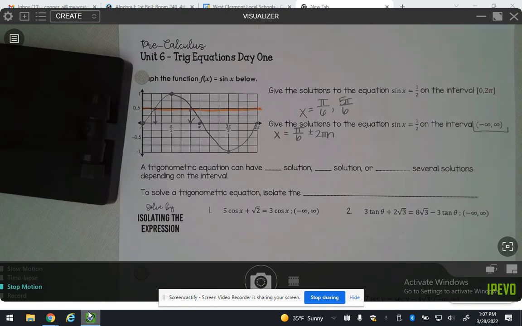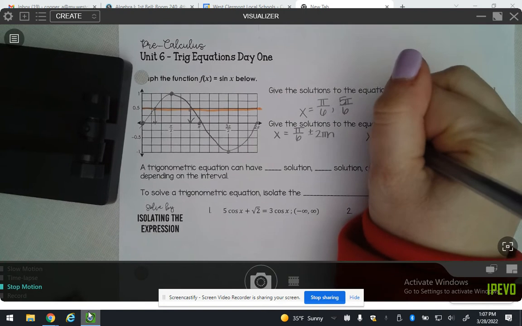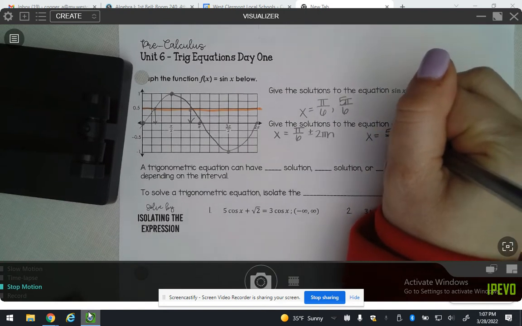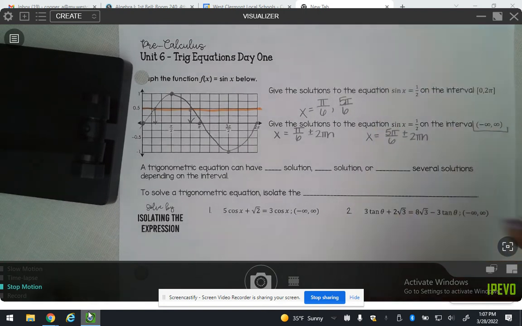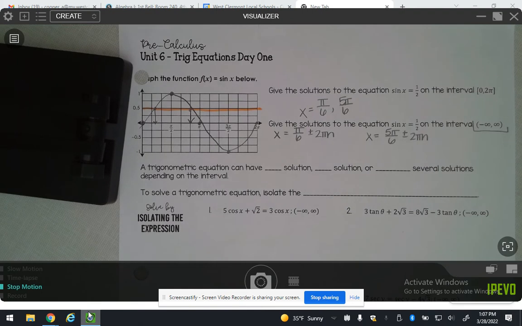So n could be 1, n could be 2, n could be -1. Doesn't really matter. Then x equals 5 pi over 6 plus or minus 2 pi n.